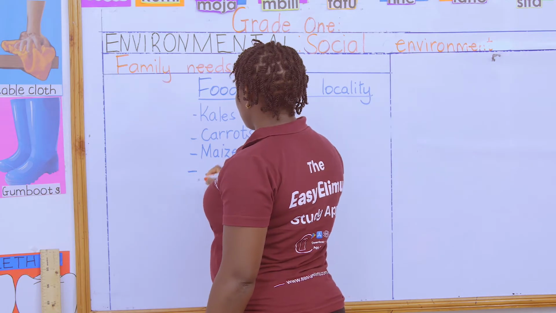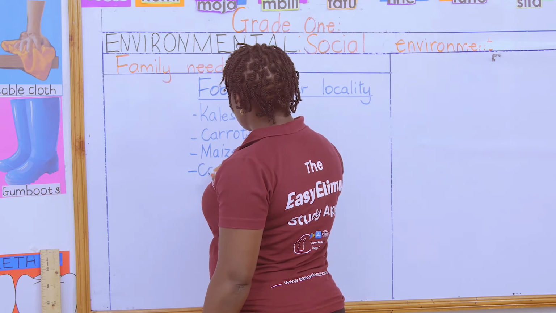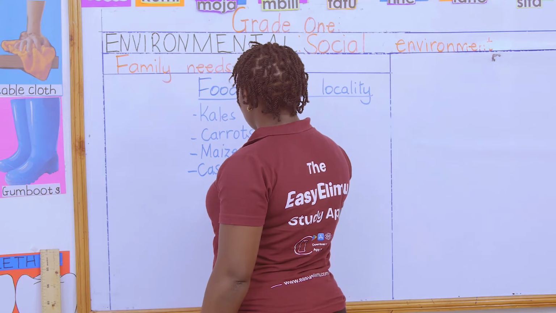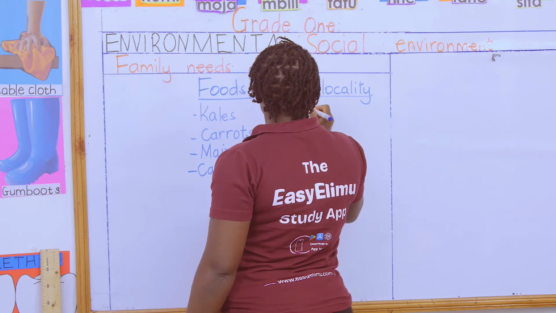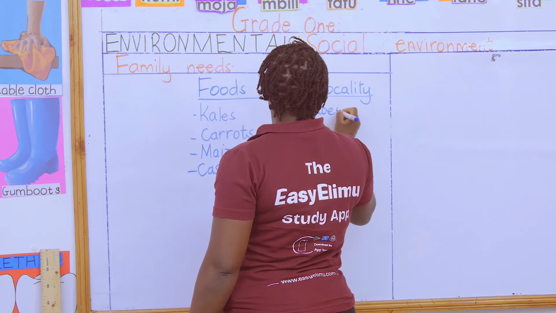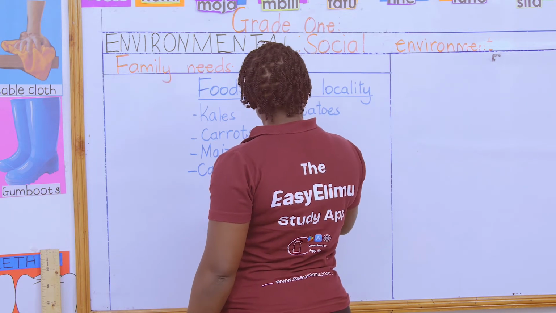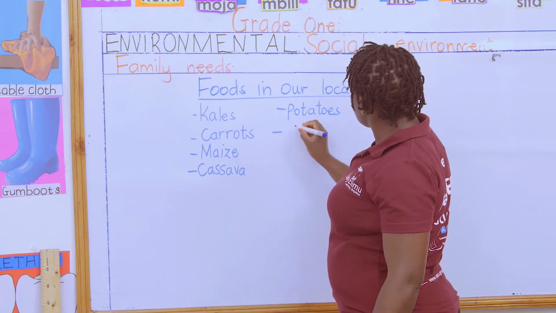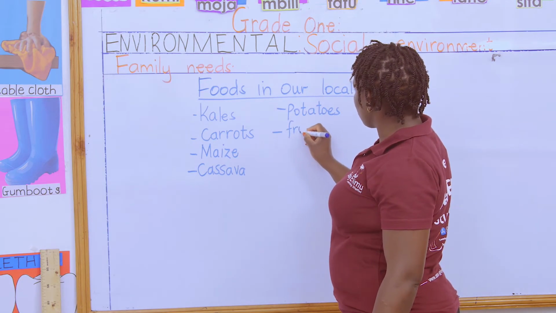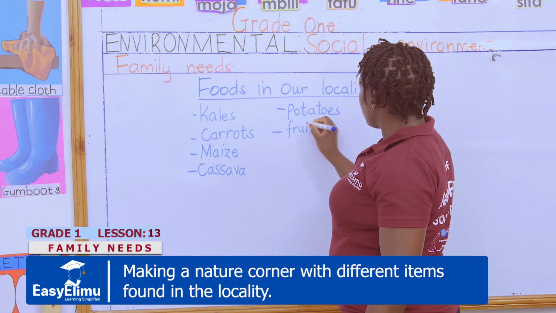What else is found in our locality? We have cassava. That is okay. We have potatoes. What else is found in our locality? We have fruits, different types of fruits in our locality.